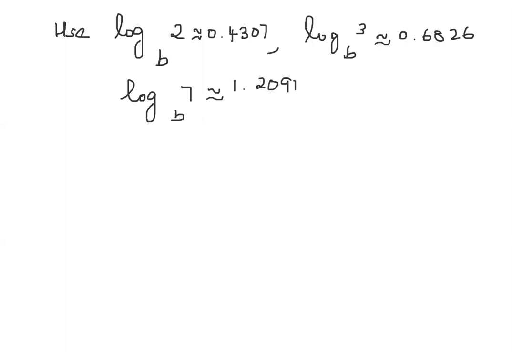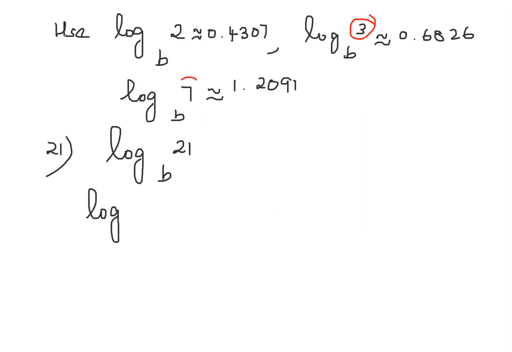Use these values to find the following values. So 21, we are going to find log of 21 to the base b. I can write the 21 using these two numbers, 3 and 7, and we have to use only the numbers which are given. So I can break it down to 3 times 7 to the base b.